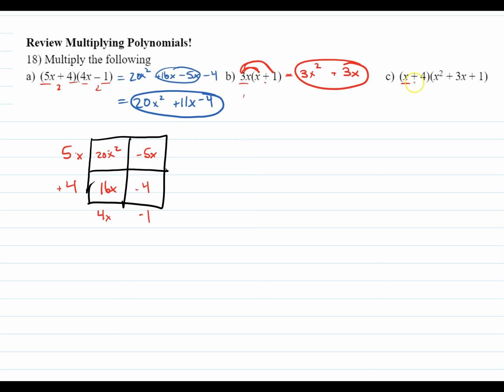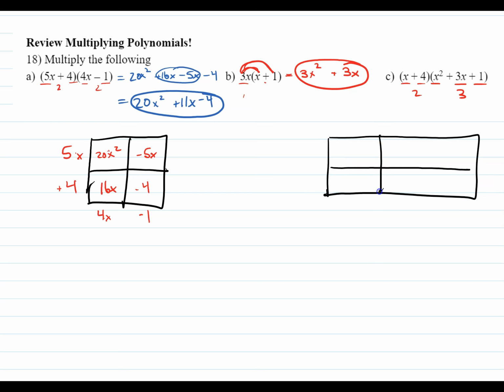Part C. I have a polynomial which is 2 terms, and it's multiplying a polynomial which is 3 terms. So I'm going to draw my box. Let's multiply the polynomials. And in my box, I'm going to make it 2 by 3. 2 because we have an x and a plus 4, and then 3 because we have an x squared, a 3x, and a 1.